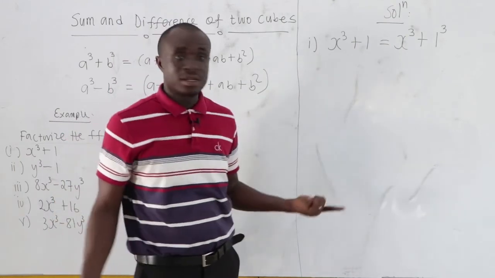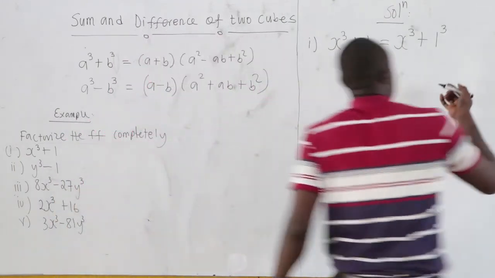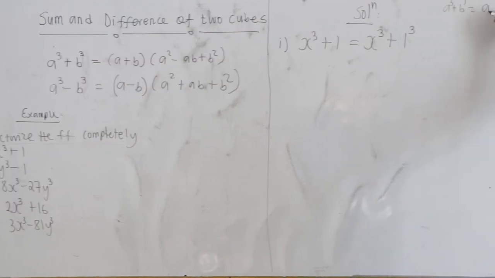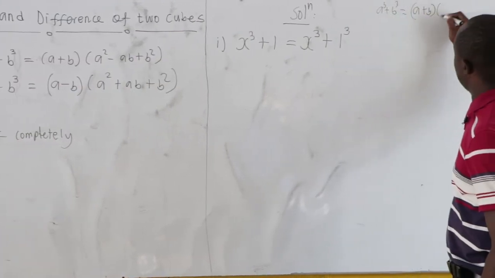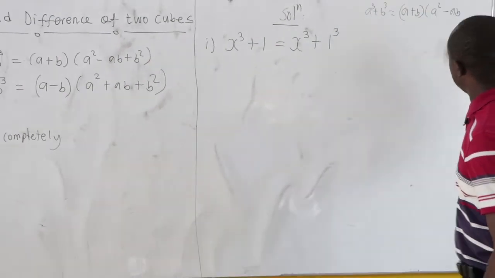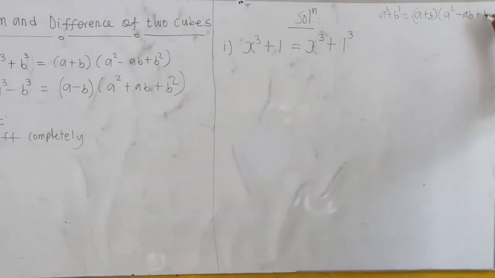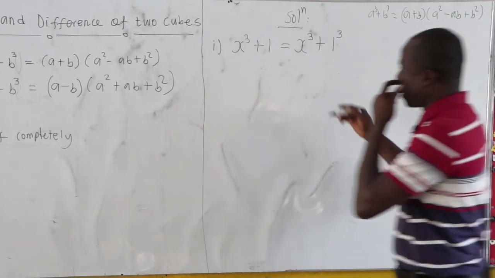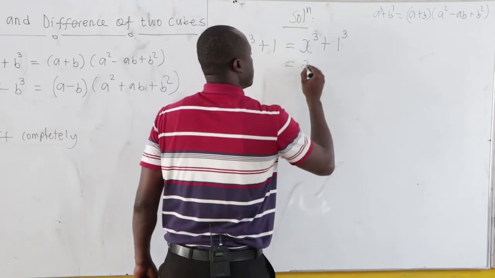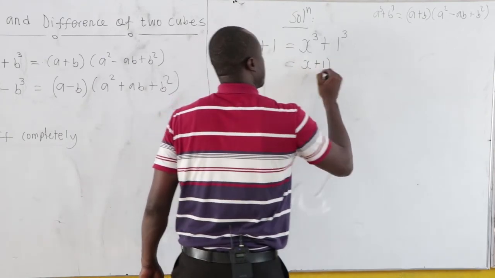Now 1 to the power 3 is the same as 1. Now we know that if it is a cubed plus b cubed, it can be factored into a plus b, and then a squared minus ab plus b squared.